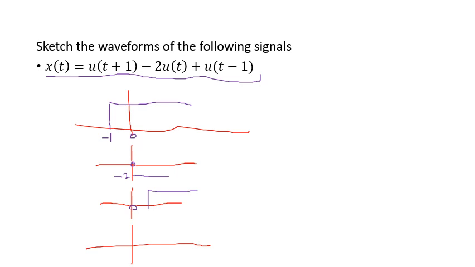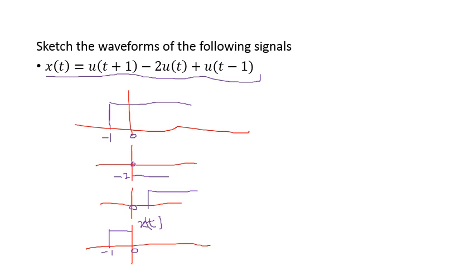So summing 1 with 0 and 0 results in 1. So I get 1 here. This is x of t, the resulting signal obtained after adding these. So from -1 up to 0, it will be 1.